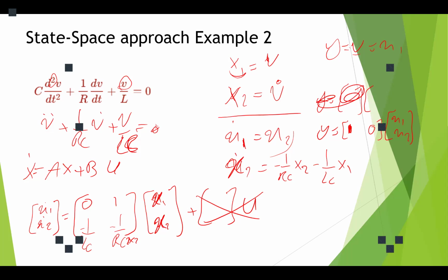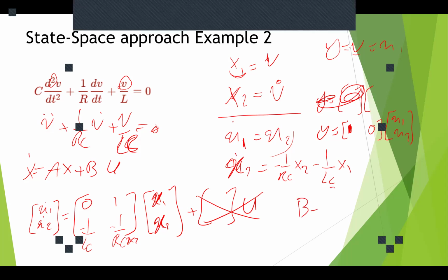How did you define the dimension of matrix C? Based on the number of outputs and the number of state variables. So it'd be 1 by however many state variables. This B is going to be an n by m matrix, right? So you have n rows and m columns. Are we good? So how many rows do you have in your whole equations?